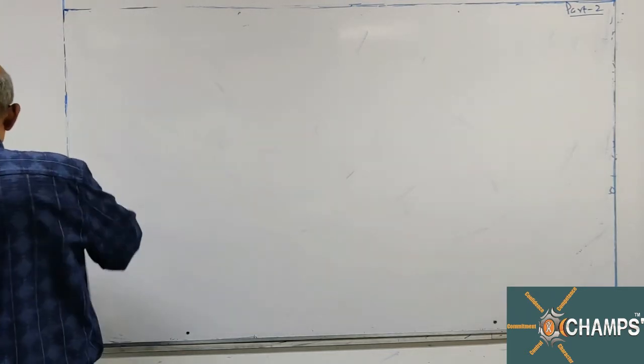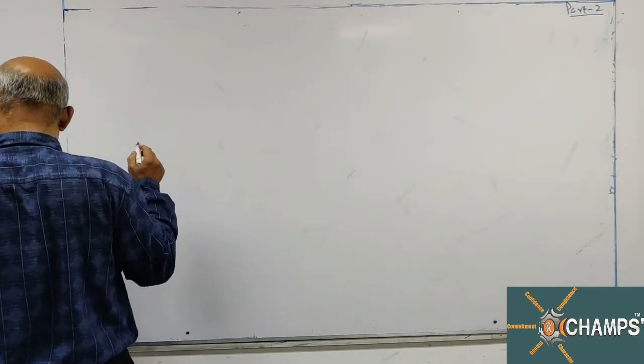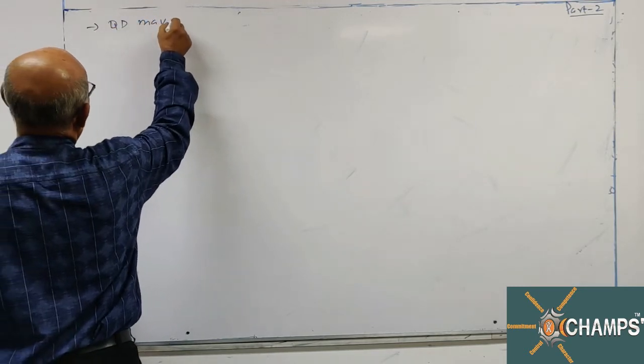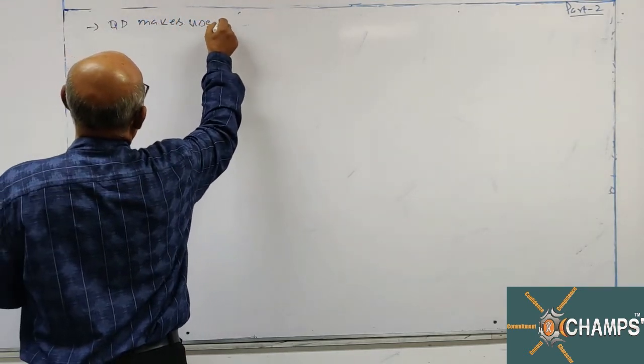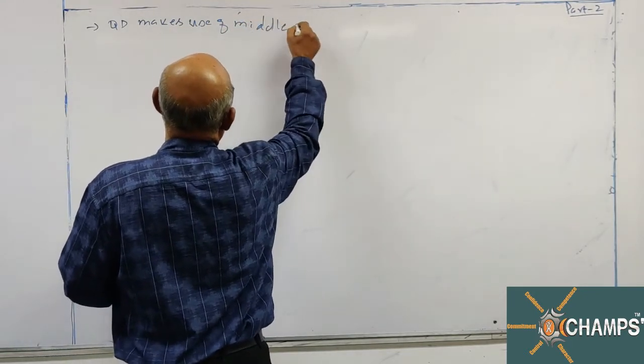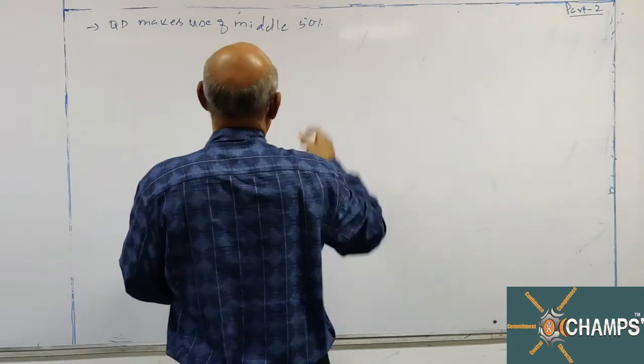Next point. QD makes use of middle 50% of the data.